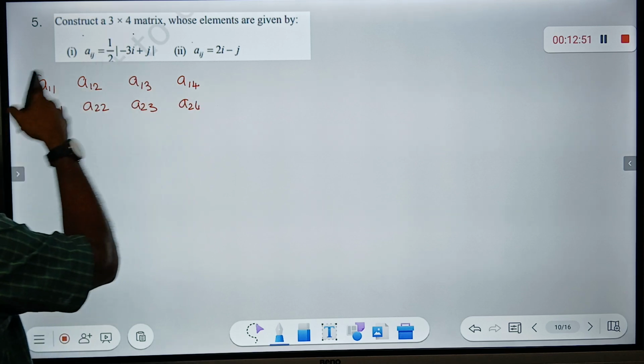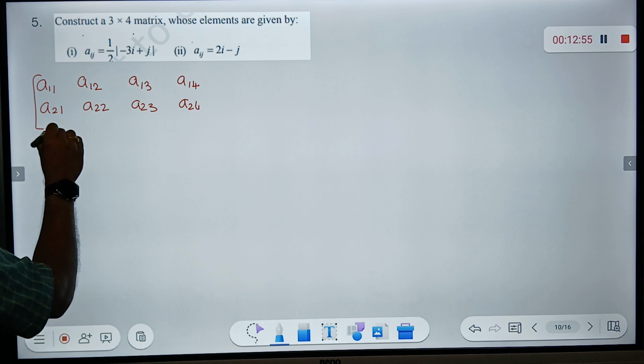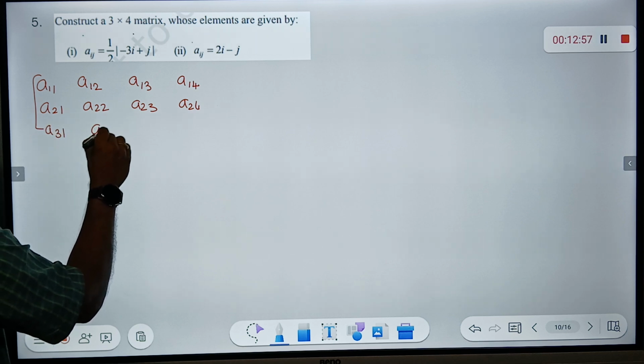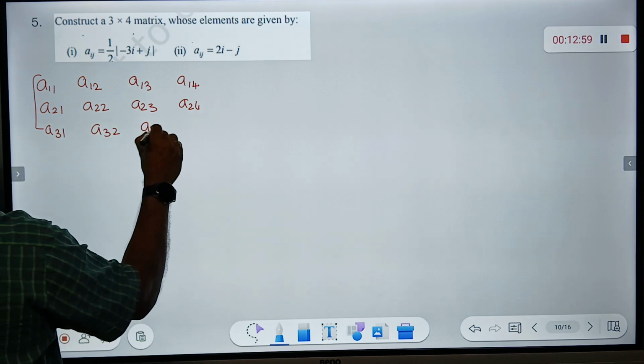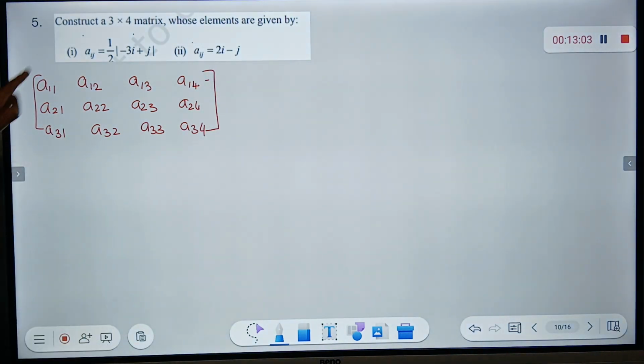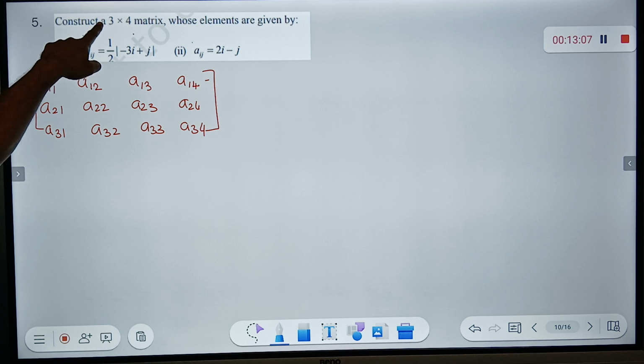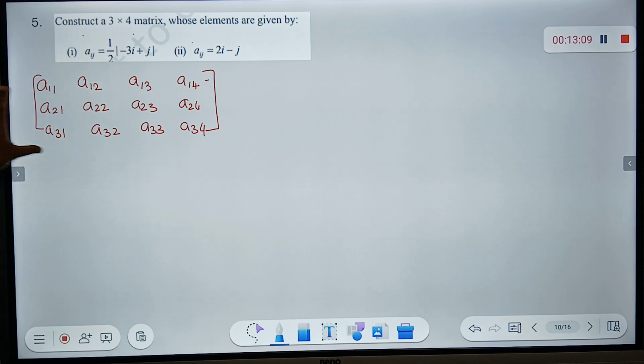Second row, first column, second column, third column, fourth column. Now what's the last one? A31, A32, A33 and A34. I don't have to go for A41 because the number of rows is 3. The maximum number of rows it has is 3. The order is 3 by 4. See, it's a 3 by 4 matrix.